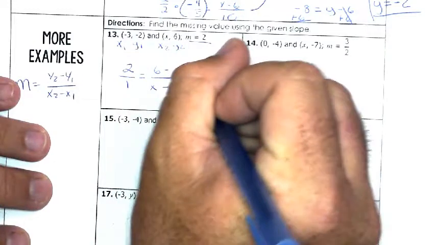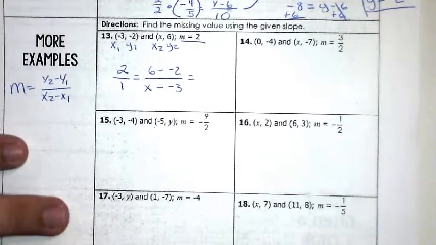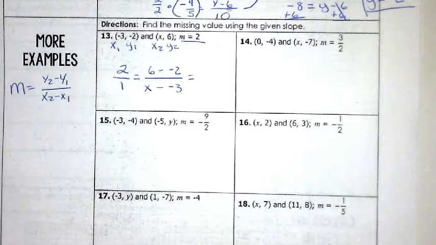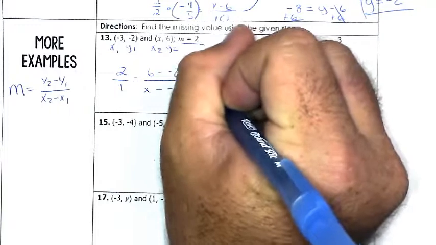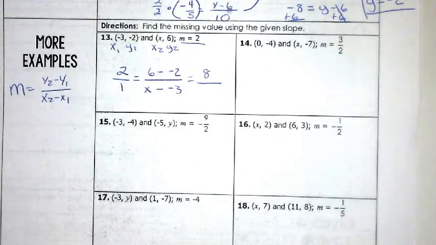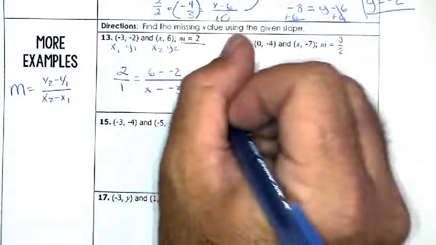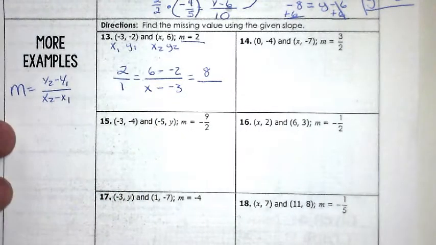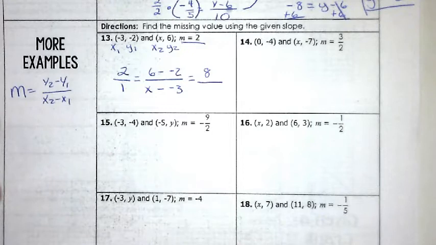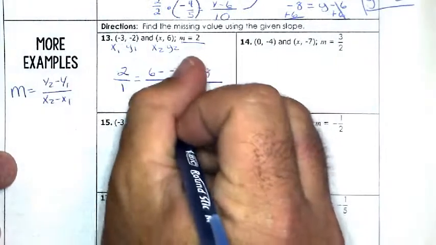Step 3, simplify. 6 minus negative 2, due to time restraints, I'm going to move forward in our program. That gives you 8. X minus negative 3. What's that actually doing? It's the same as x plus 3. Okay, same as x plus 3. Subtracting a negative is the same thing as adding a positive. So when I simplify this, I'm simplifying it to now x plus 3. Okay?